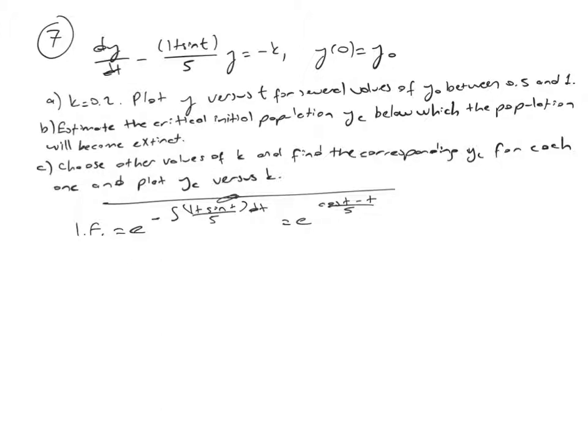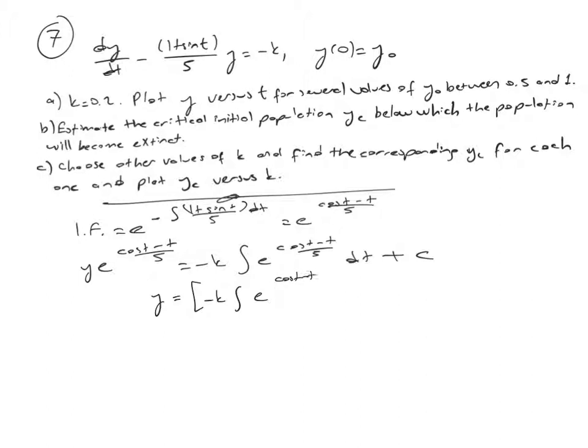After integration we will get y e^(cos t - t/5) is equal to minus k integral e^(cos t - t/5) dt plus c. And from here y is equal to minus k integral e^(cos t - t/5) dt plus c, times e^(t/5 - cos t).